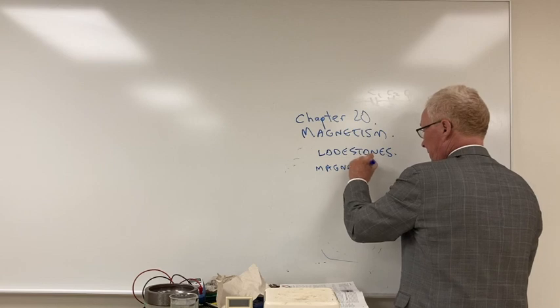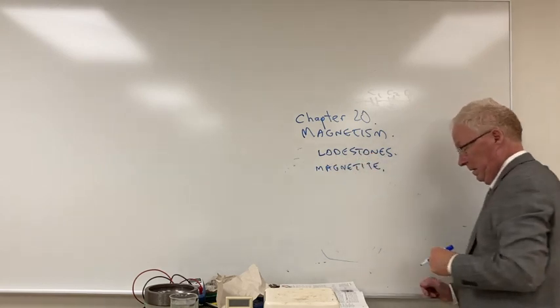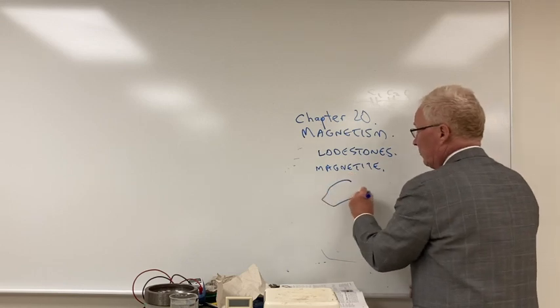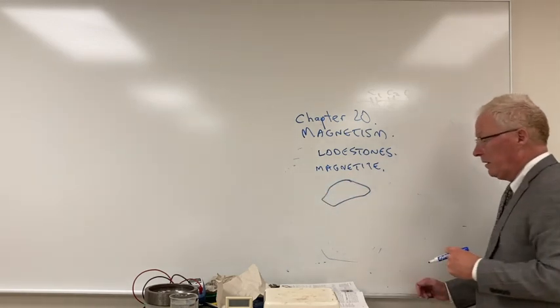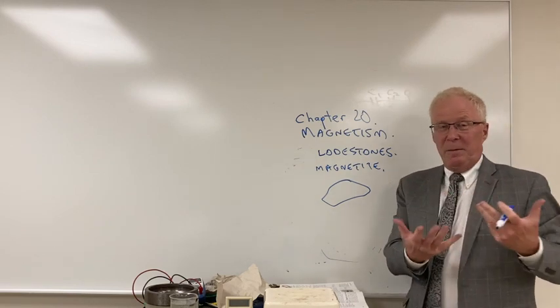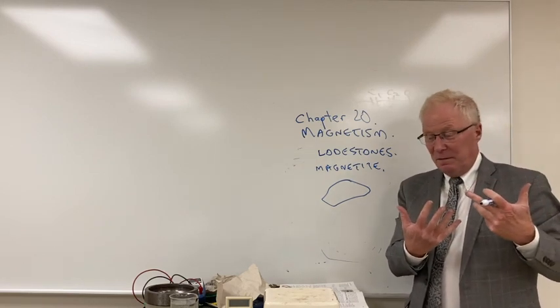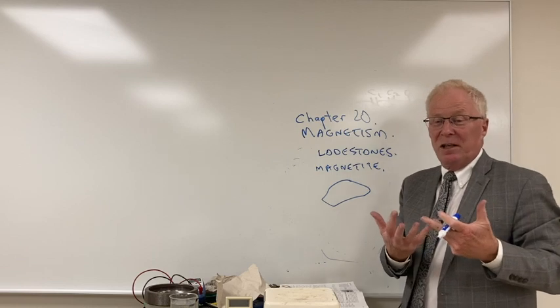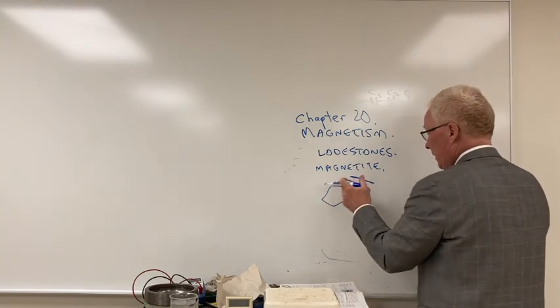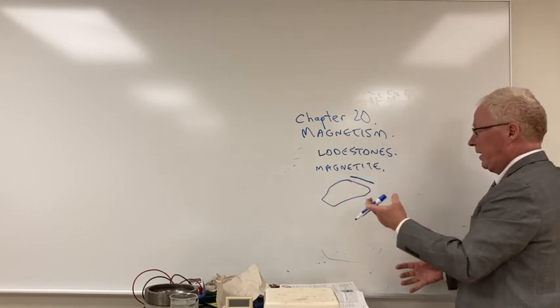And I'm not going to get into that. That was part of that. But it was a material, a rock or substance, that would attract certain types of metals, such as iron, a compass needle. It would have a tendency to attract it.